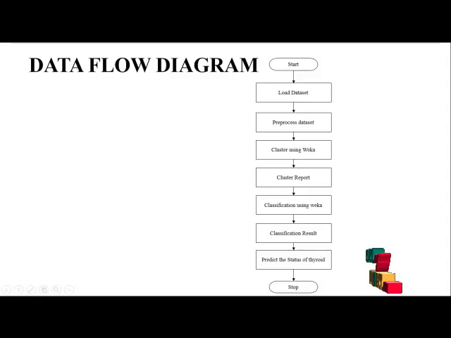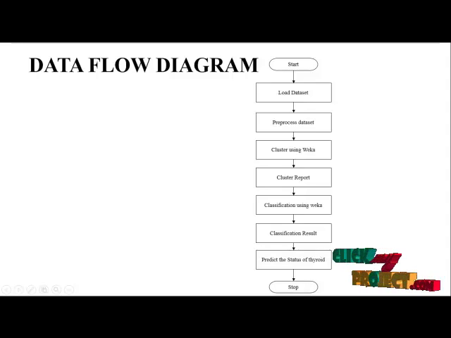And then after completing the clustering, we do the classification using Vega 2. Vega 2 is used to classify the dataset using a threshold value to predict the thyroid disease, whether it is found or not for individual records, and then we get the classification results.